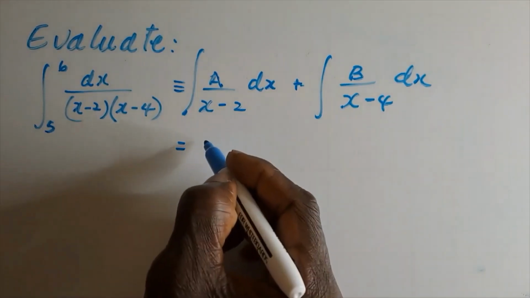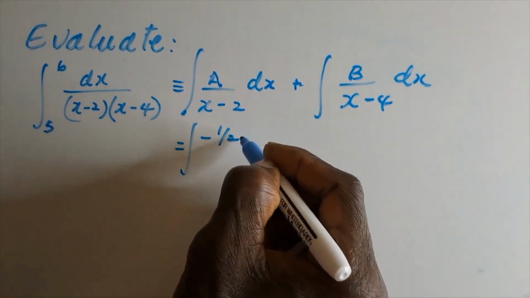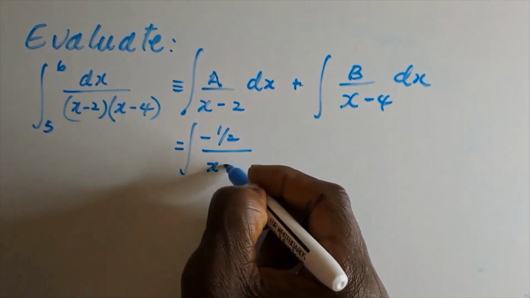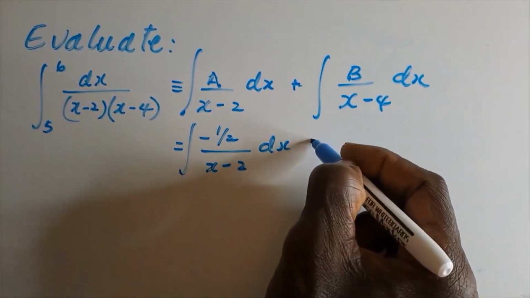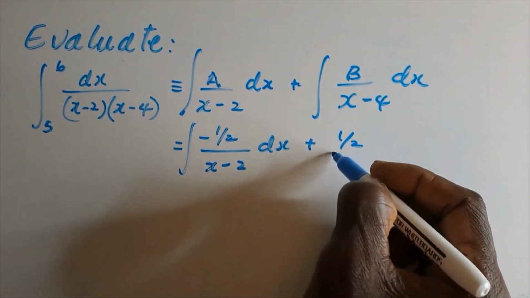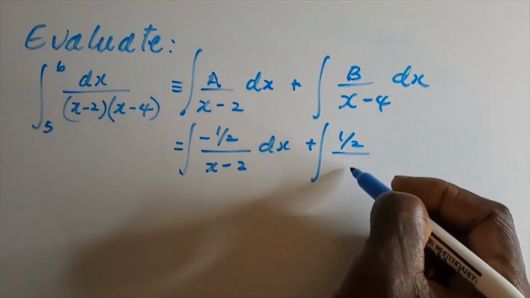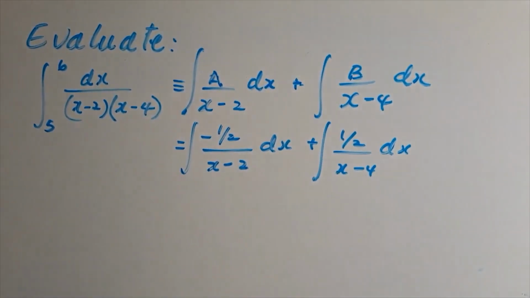So now we can write this as the integral of minus a half over x minus 2 dx, add a half over x minus 4 dx.